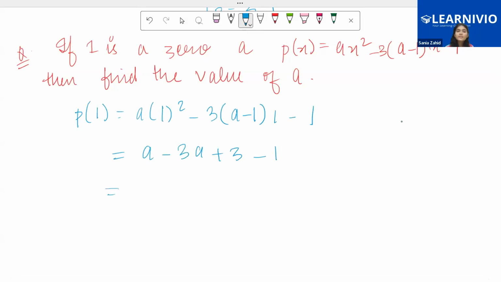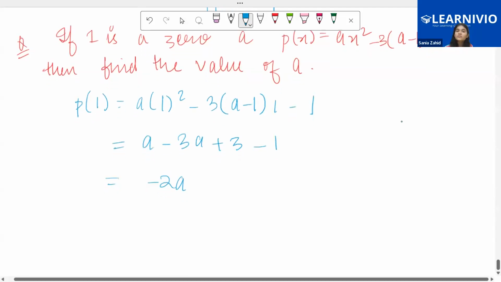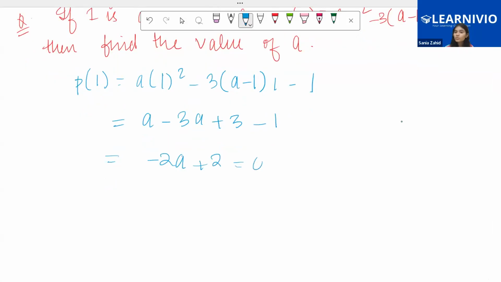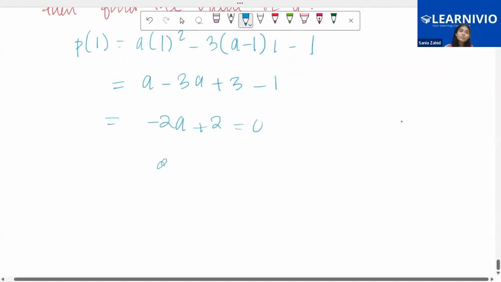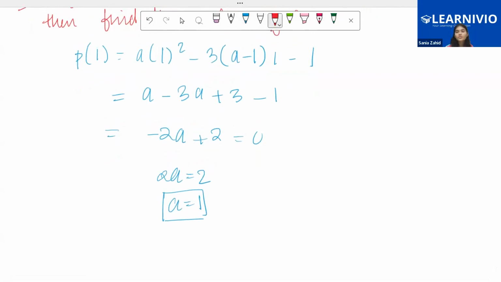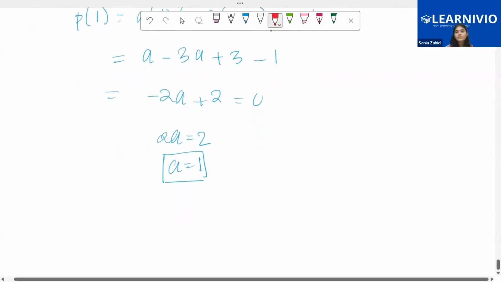So this gives you a minus 3a is minus 2a plus 3 minus 1 is plus 2. So minus 2a plus 2 should give you 0. So 2a is equal to 2, so a is equal to 1. So the value for a is also 1. Understood, Umair? Yeah.